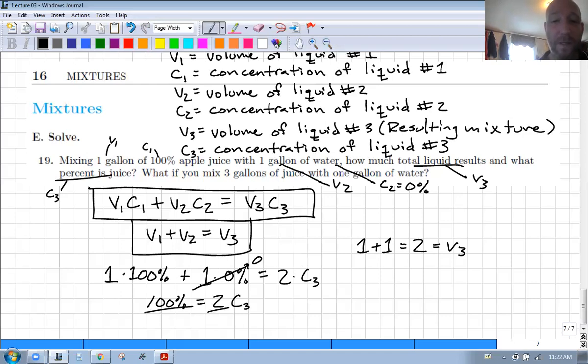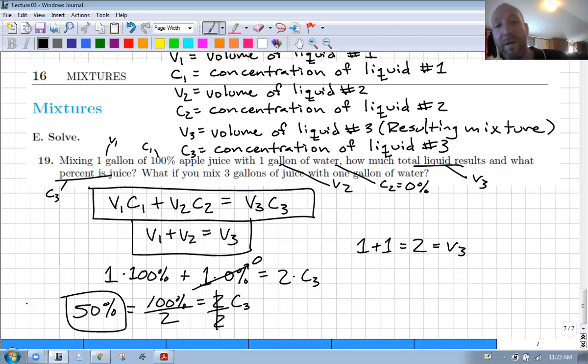Divide both sides by 2. We have C sub 3 is 50%, which is what we expected. You have a gallon of 100% juice and a gallon of water, you end up with 2 gallons at 50% concentration.